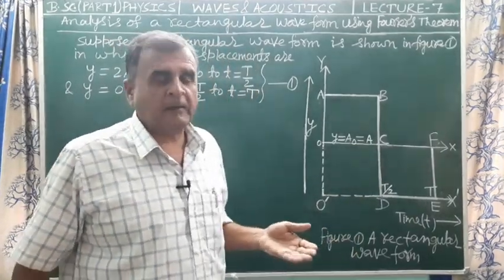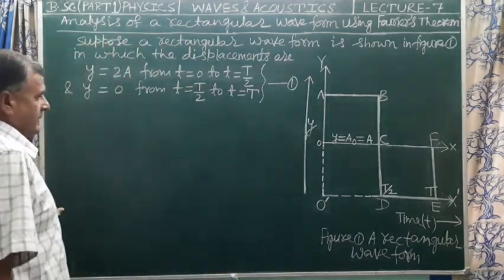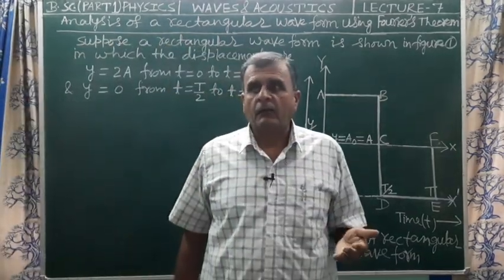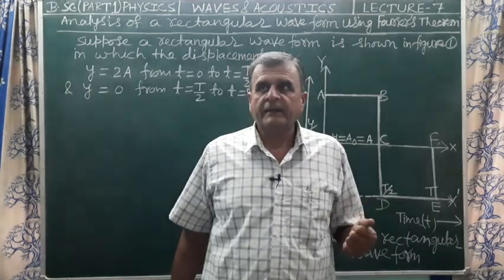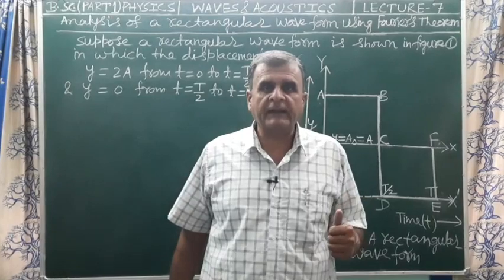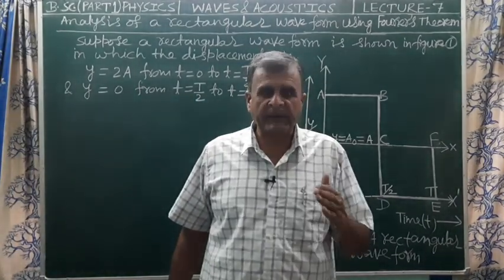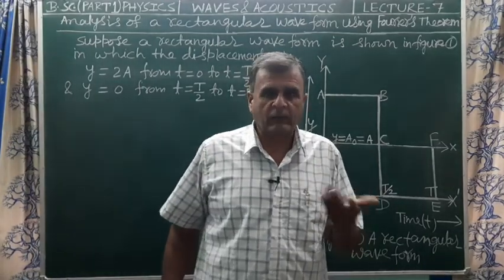The mathematical form of Fourier's theorem, or Fourier series, is represented by y equals a function of time f(t) equals A0 plus sigma r equals 1 to infinity of Ar cos r omega t plus Br sin r omega t.